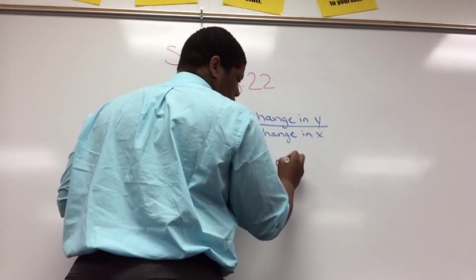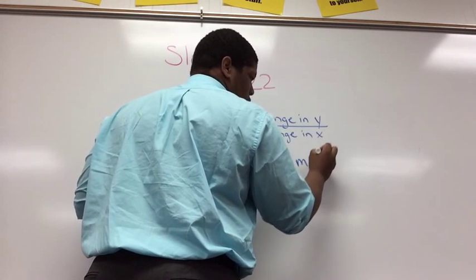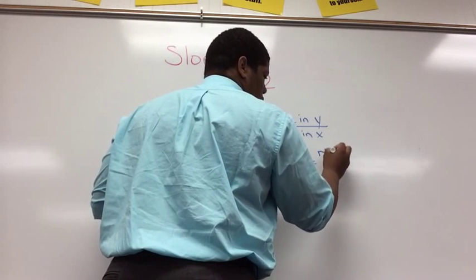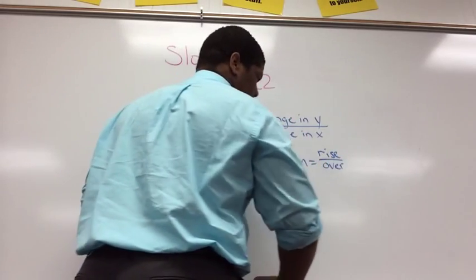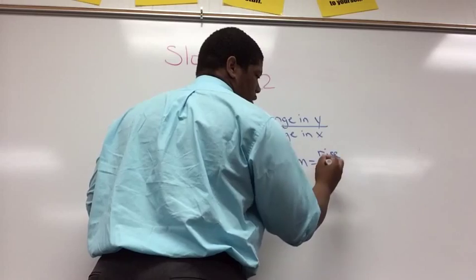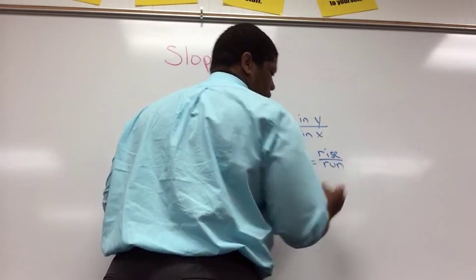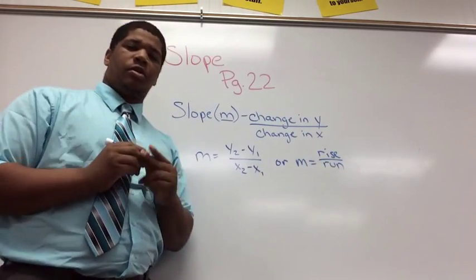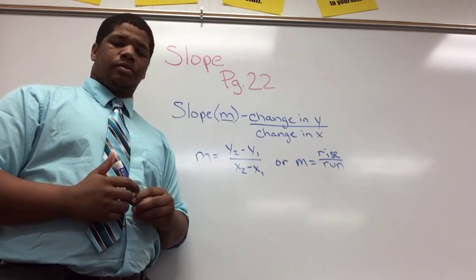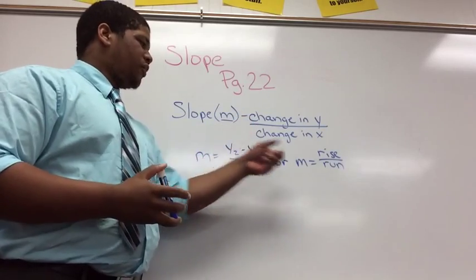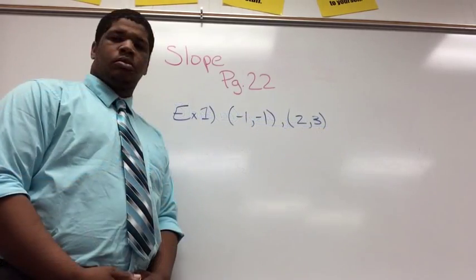Or M equals rise over run. We should be familiar from the change or the constant rate of change. So these are three different ways that you might see slope.